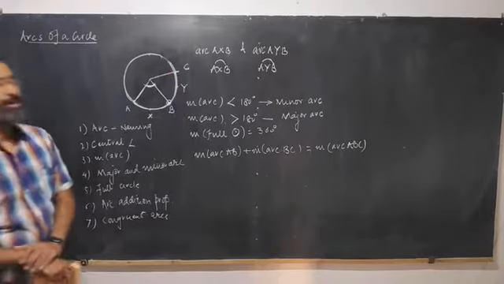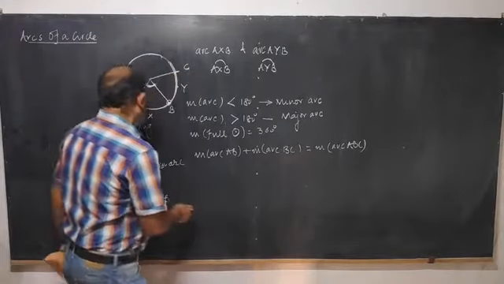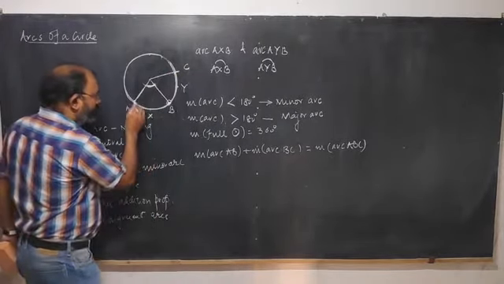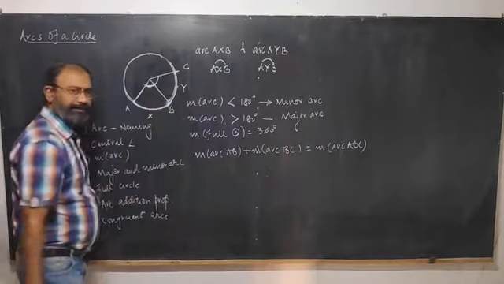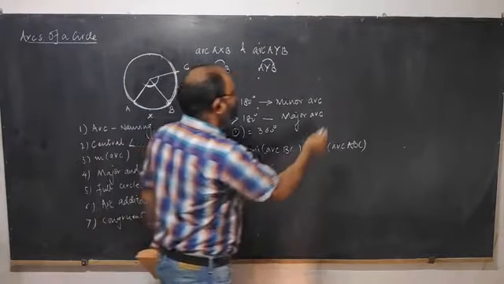Next comes congruent arcs. Okay. Now, from the figure it seems that this arc and this arc, they have the same measure. But I can show you another figure.